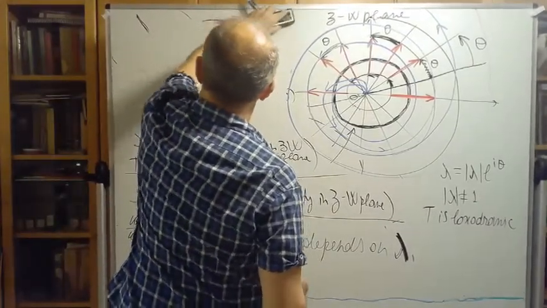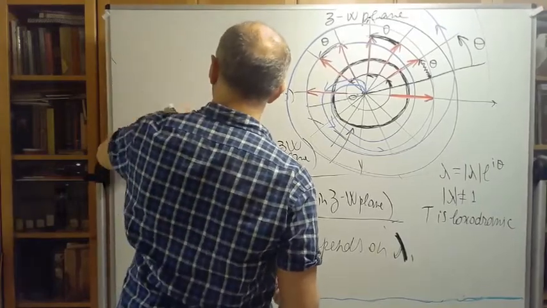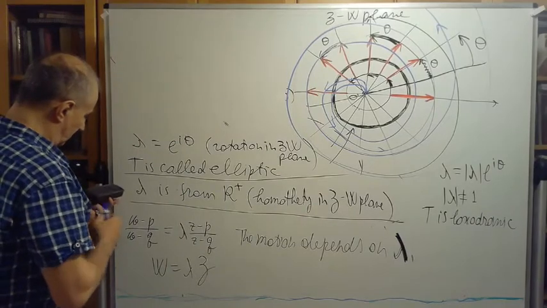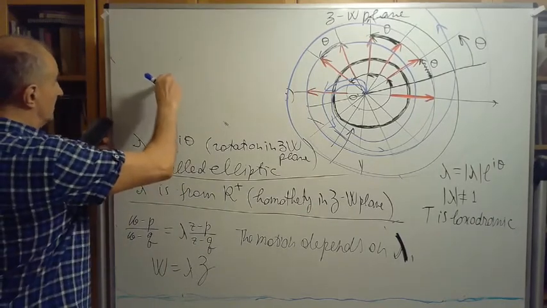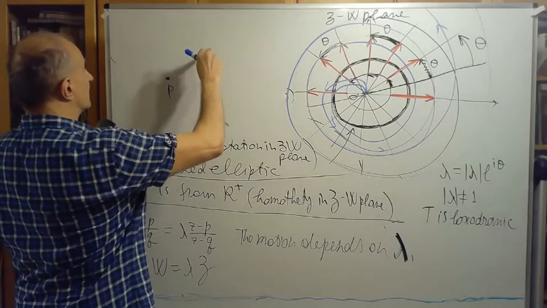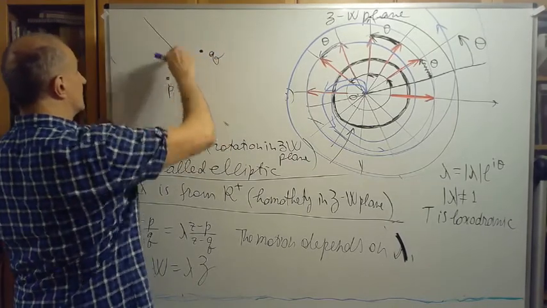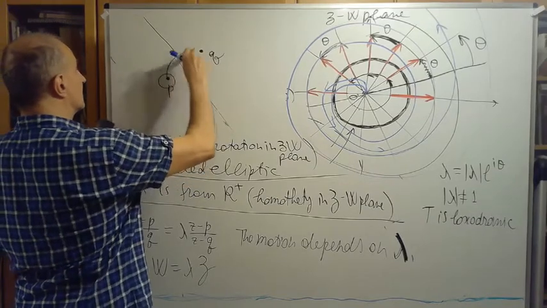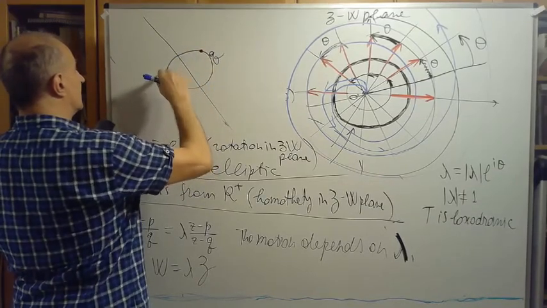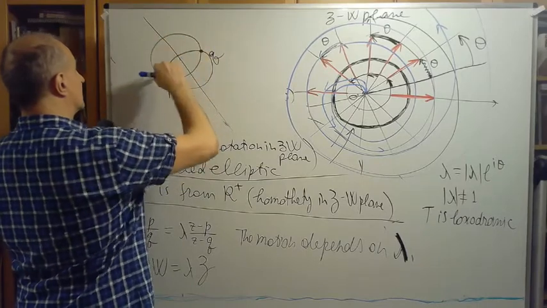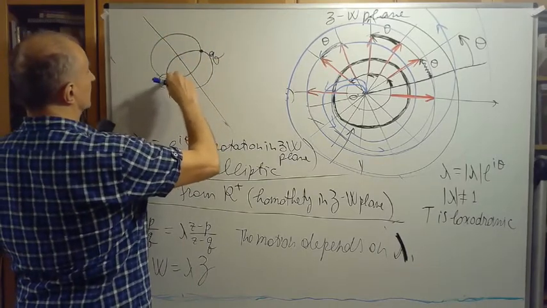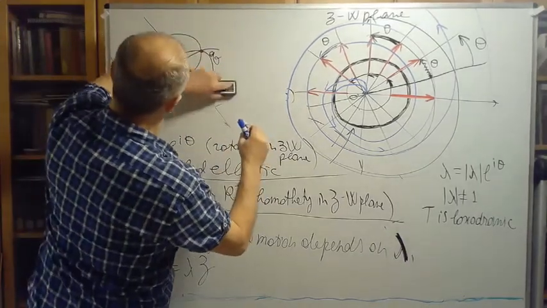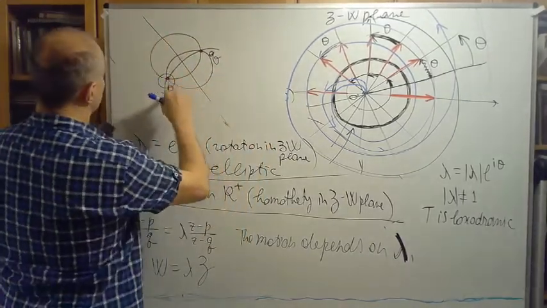I will show you in a second how it looks on the Riemann sphere, and it actually allows you to understand what's going on. If you have point P here and point Q here, and you have these lines that connect P and Q, a few of them, with bigger radius, and it looks like this.